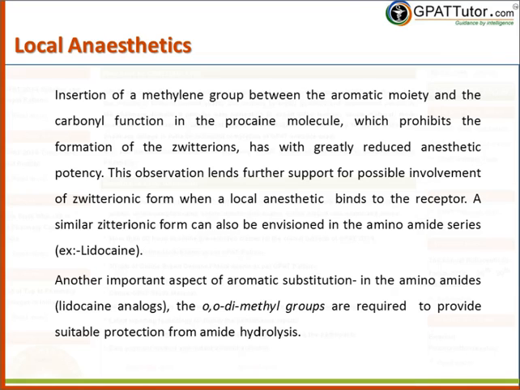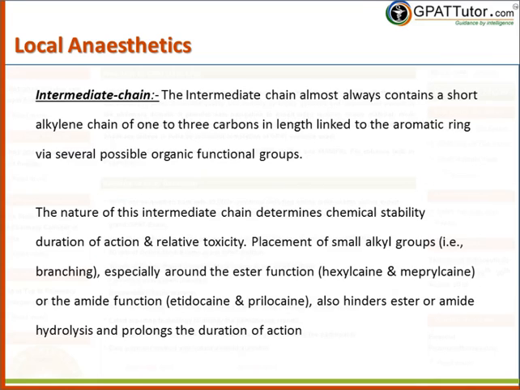You are following the local anesthetic chapter in the medicinal chemistry division. Coming to the intermediate chain, it is the part that makes the compounds different. If the intermediate chain is a carbonyl type, it is an ester group.